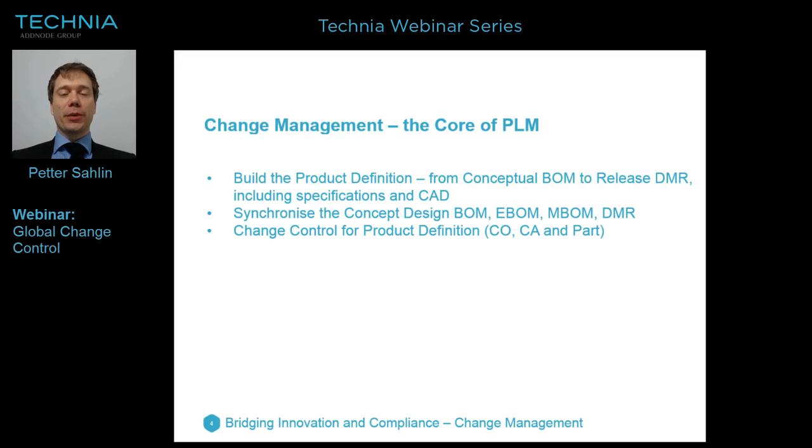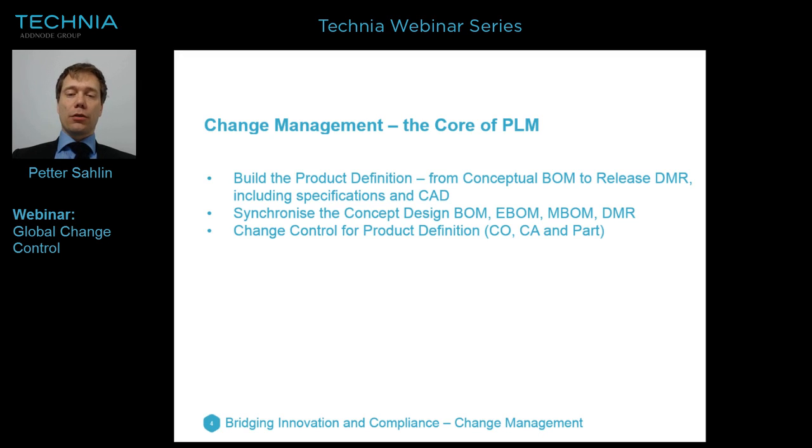What we need for change management and change control is our change orders and our change actions. A change order is the formal placeholder for a change where we say this is the change we want to perform. It might be a replacement of some parts. It might be a grouping of some proposed changes into different activities.